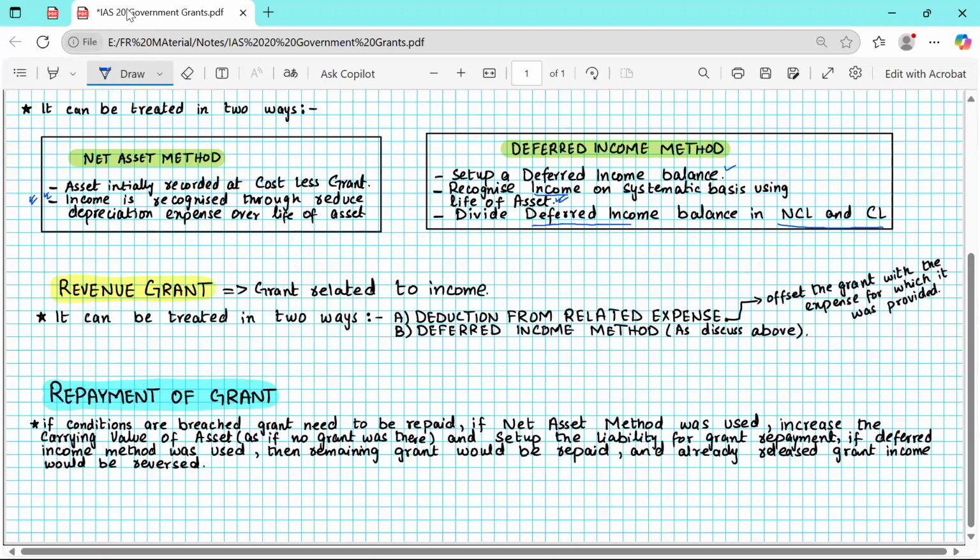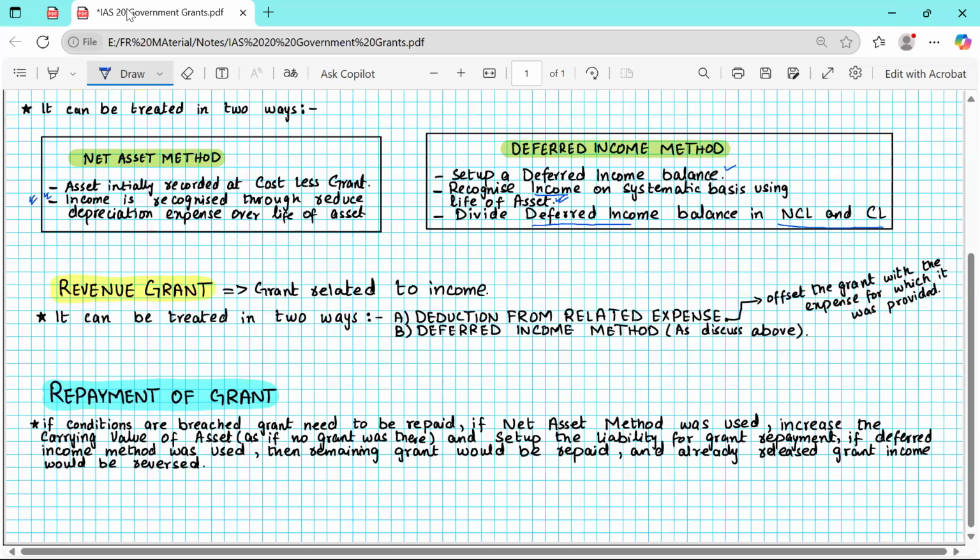Now the revenue grant is where the government has given you the grant for a certain expense, to reduce a certain expense. The very easy example I can give you is that the government wants your employees to get trained according to the latest technology.